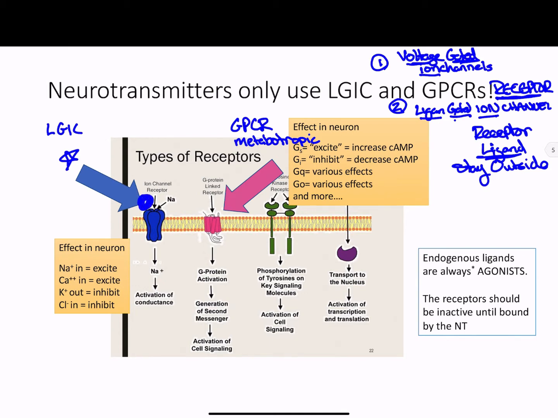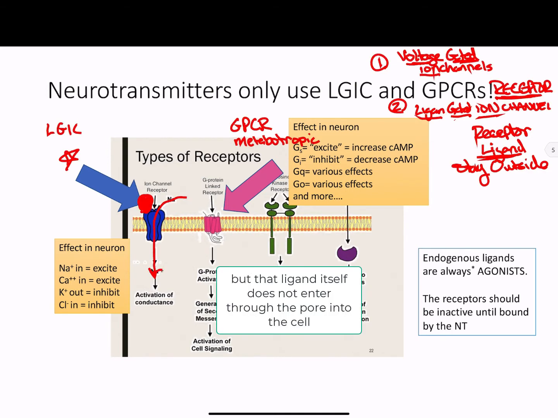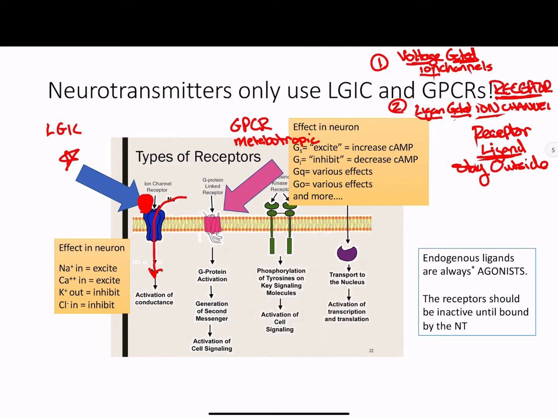If I make a ligand here, it binds to that ion channel receptor. Now, in this case, sodium can go through because that binding caused that conformational change, it opened up, and sodium went in. But that ligand itself does not. So those were the two really important things to remember: that voltage-gated ion channels and ligand-gated ion channels are not the same thing, and that with a ligand-gated ion channel, the ligand does not enter the cell.